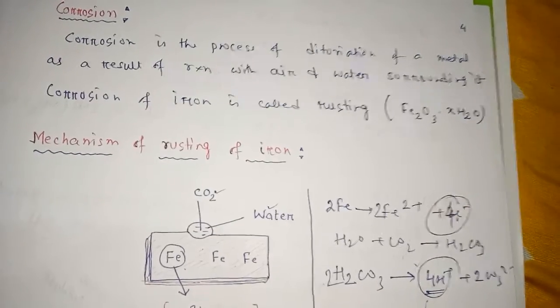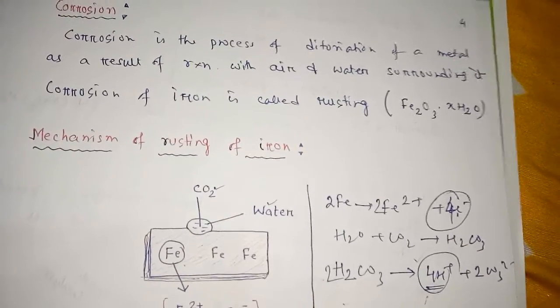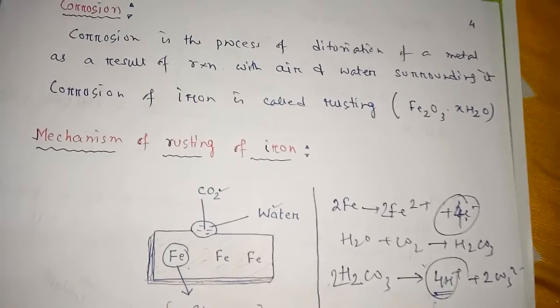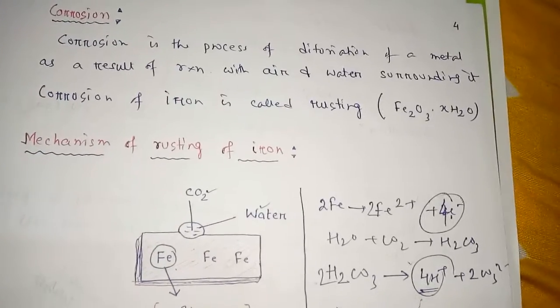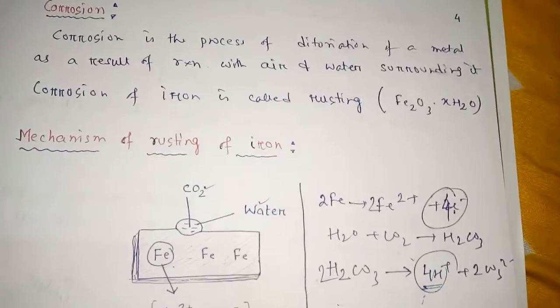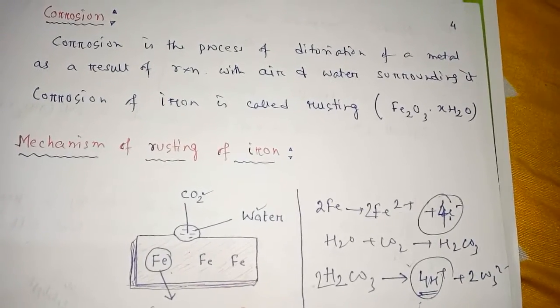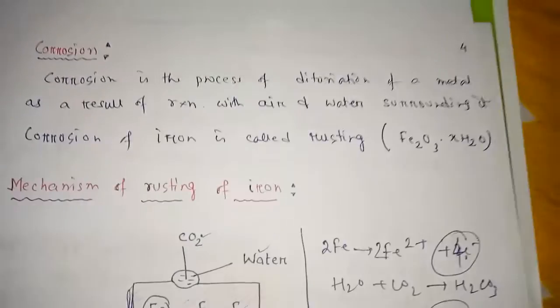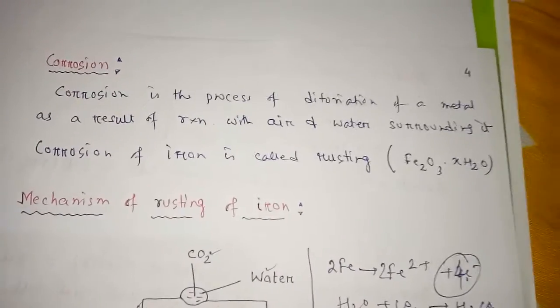Corrosion of iron is called rusting, having the formula Fe2O3.xH2O. If it is an iron article, a special term is used, that is rusting. So corrosion is the process of deterioration of a metal surface as a result of environmental conditions.